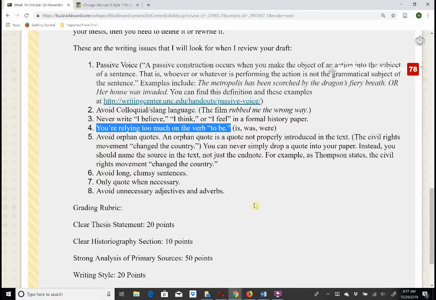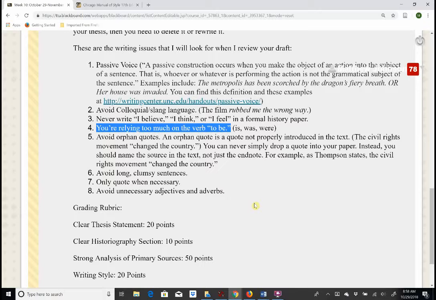Okay. The reason why we want to get that out of your writing is because it's the weakest verb in the English language. And so if we just rewrite the sentence and substitute is, was, were, we can usually make that sentence much stronger and clearer when we get those words out.